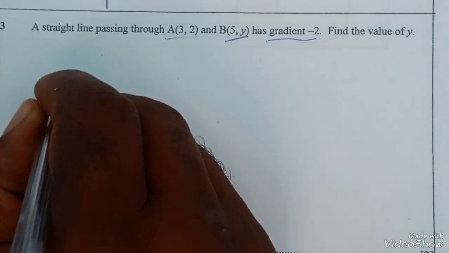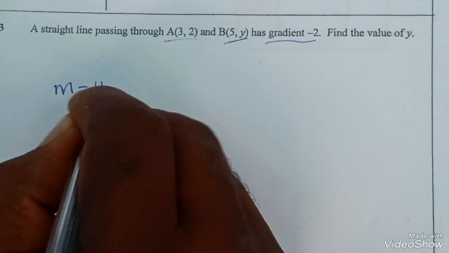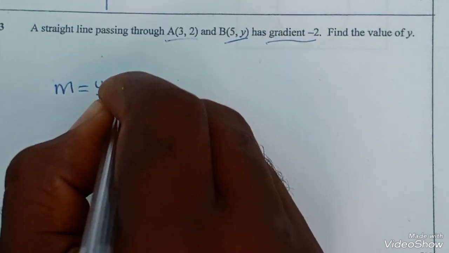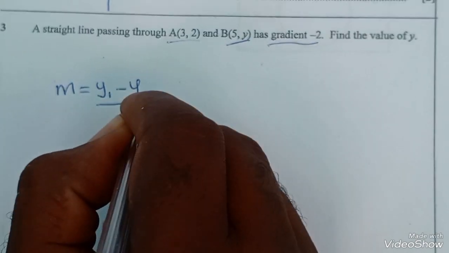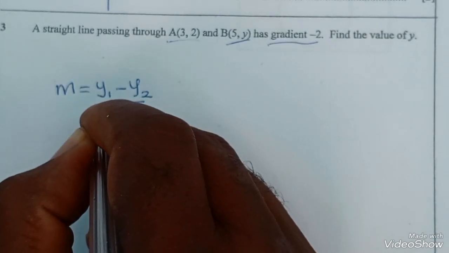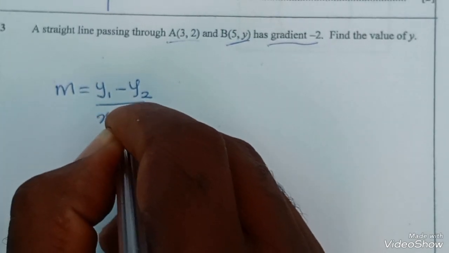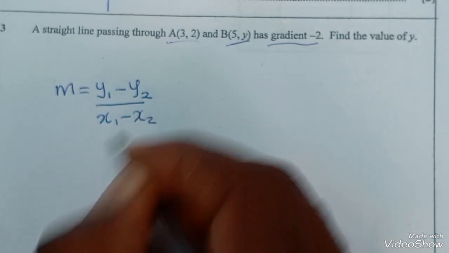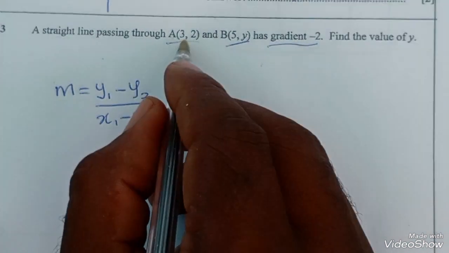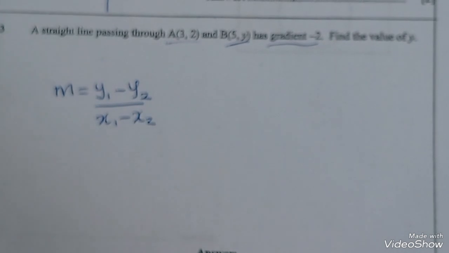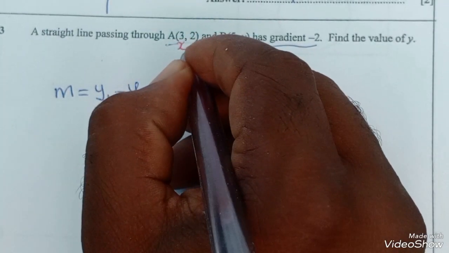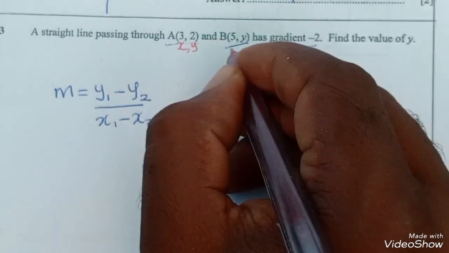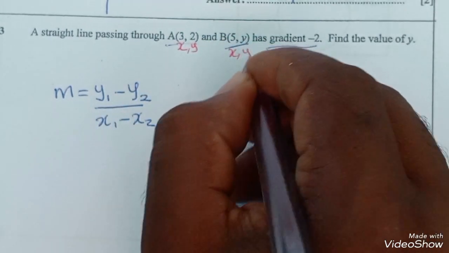Okay, so gradient is equal to the increase in the y-axis divided by the increase in the x-axis. So we have point A. Remember that a coordinate is x, comma, y.